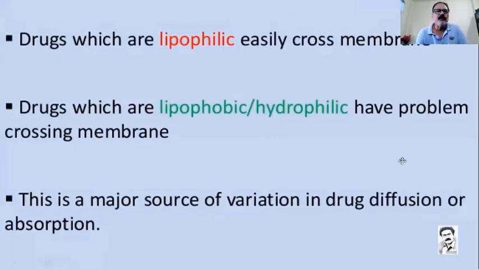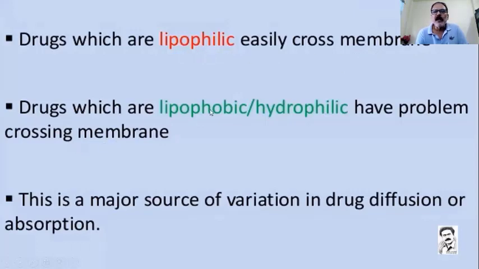And one more point we are mentioning here is the drug which is lipophilic. Lipo means fat, philic means love. When it loves fat, it easily crosses the membrane. Because the membrane is made of fat, fat-loving drugs are easily transported.